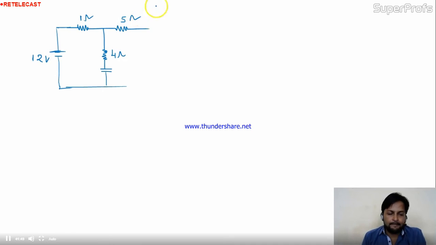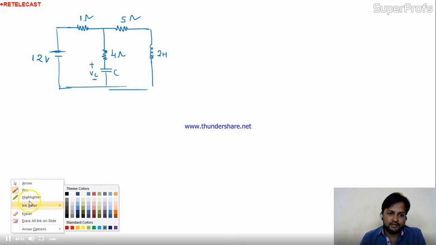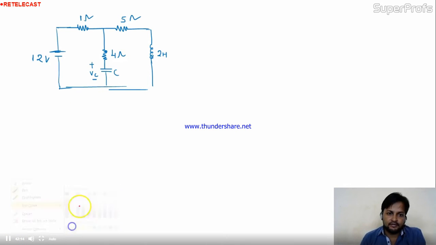Okay, fine. And this one is the inductor given over here, 2 Henry. The capacitor value is given, and this is nothing but the VC over here. Let me change the pen color first. This is the VC, this is the current I, this is the current IL.